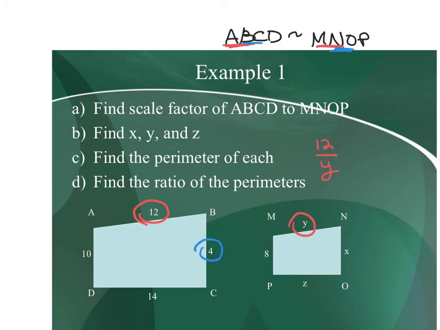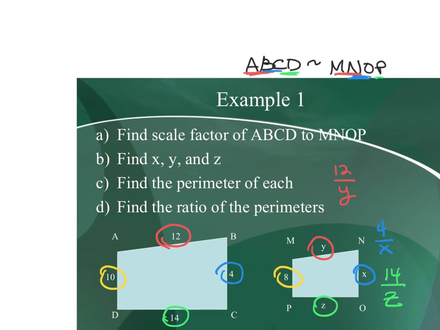So that's going to be 4 over X. And then I'm going to get my next one, and I can do CD with OP, which is down here. 14 to Z. And then lastly, and this is the most important one, 10 to 8, because this is going to give me my scale factor.